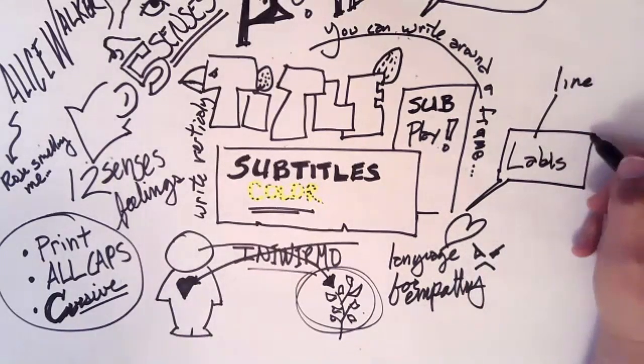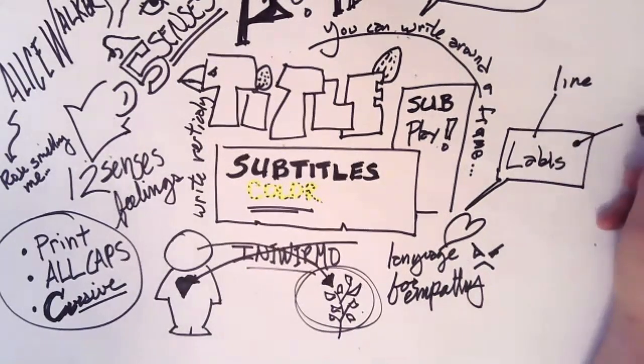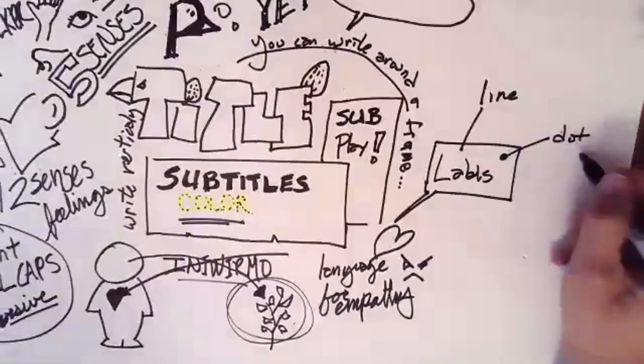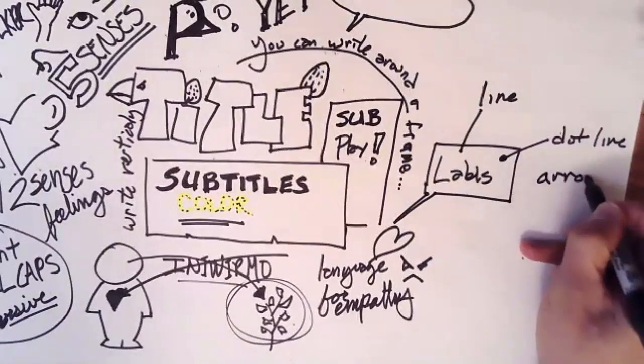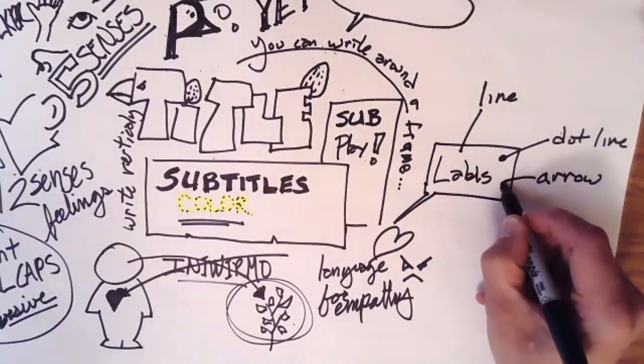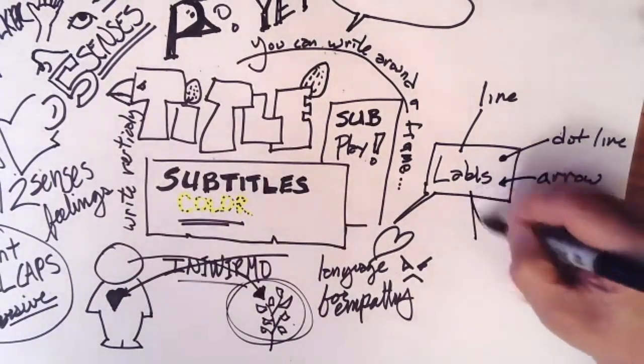You can also do a dot line, which is a dot and a line. Oops, a dot line. There's an arrow. There are call-out boxes.